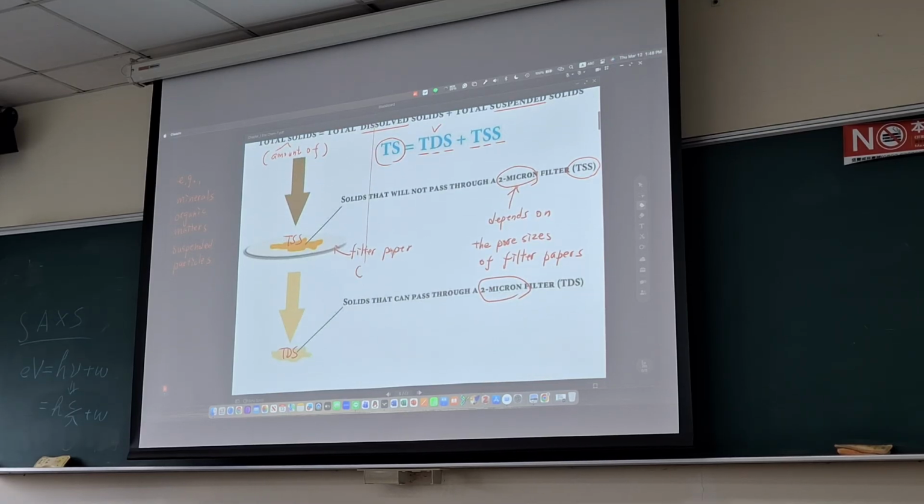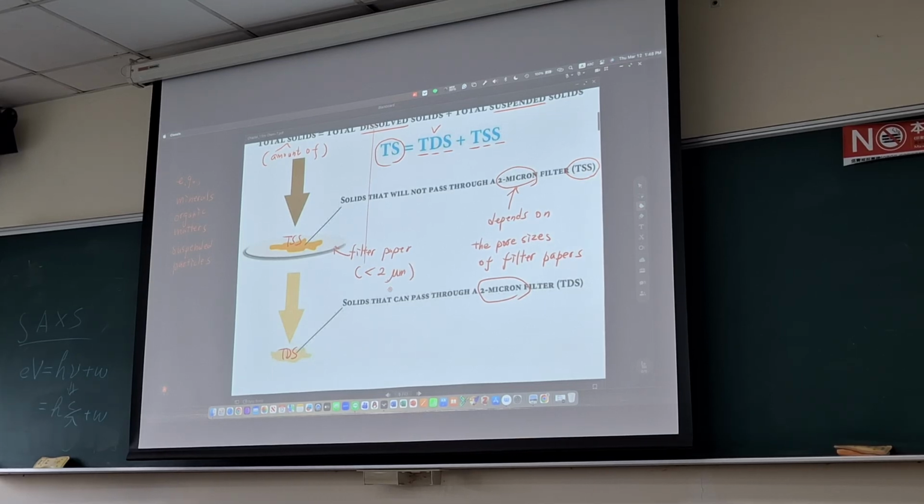So the filter paper I use here will be smaller than 2 micron. The micron means micrometer. So particles larger than 2 micron will remain on the filter paper.